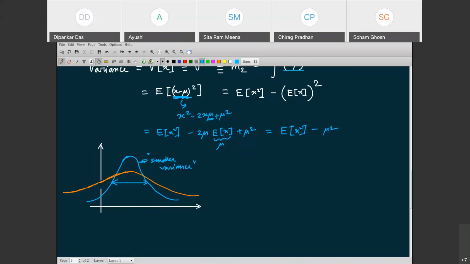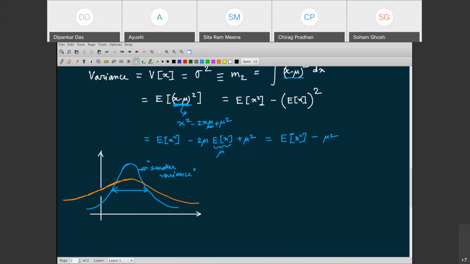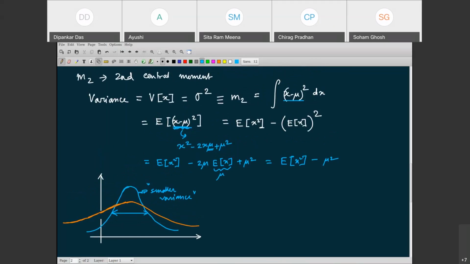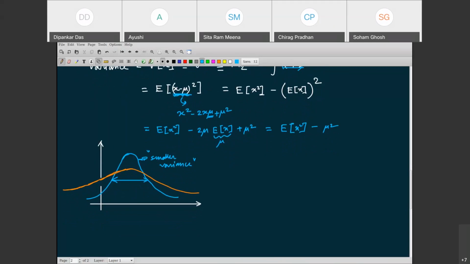Why is that? Notice the definition of variance is the sum of all of x minus mu whole square. Remember what happens in an actual measurement: you just measure a quantity.